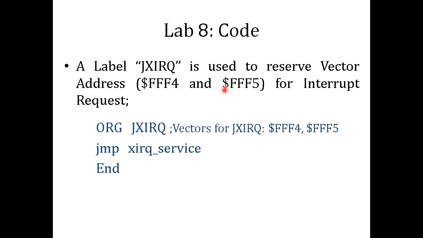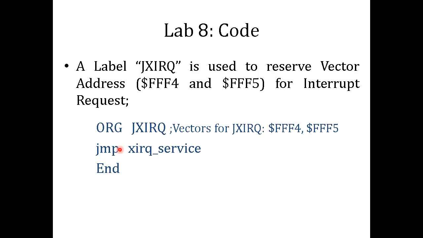Now, what we do is in our program, somewhere at the bottom, we write like this: ORG XIRQ. Now remember, XIRQ is like a label. This label means FFF4. All we are saying is start from FFF4, meaning the next line will be starting from FFF4.